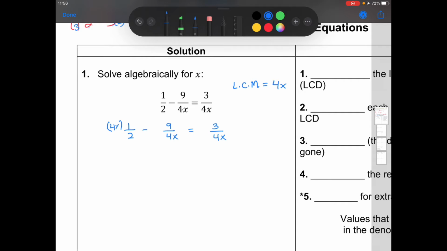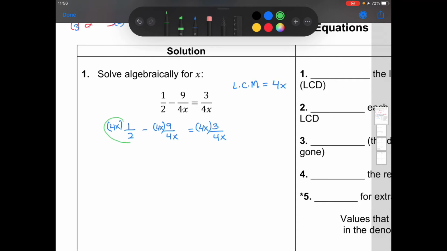So it's going to be 4x, 4x, 4x. When you multiply across an equation by the LCM, it does one good thing: your denominators will be eliminated. You'll be left with no denominators.